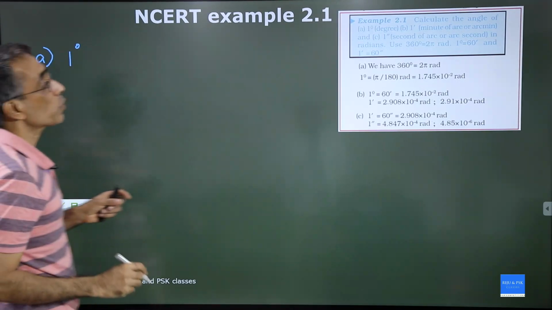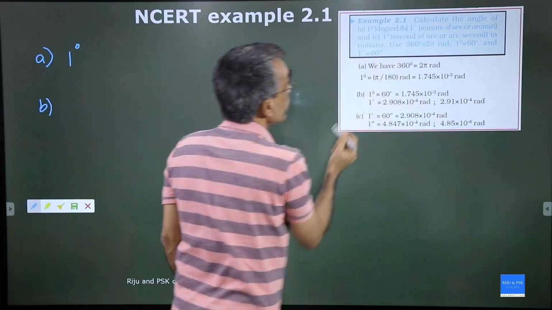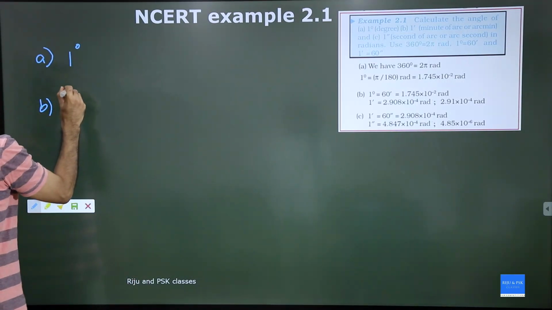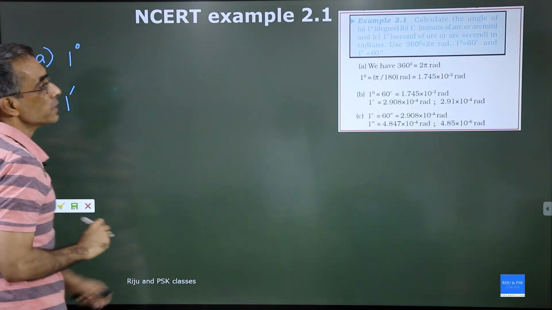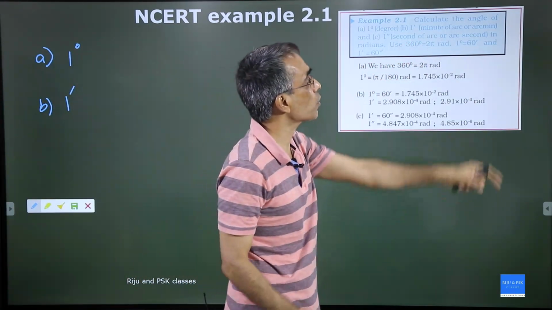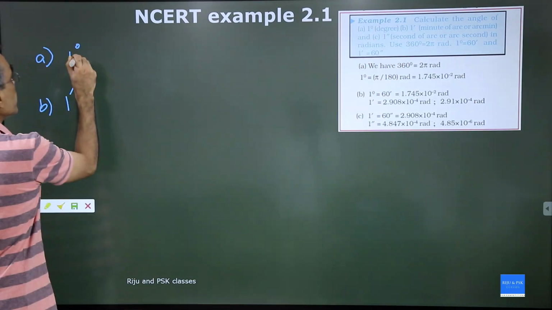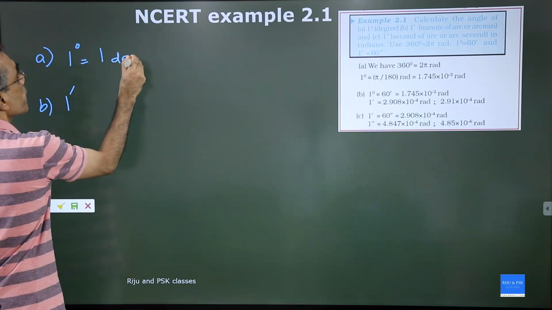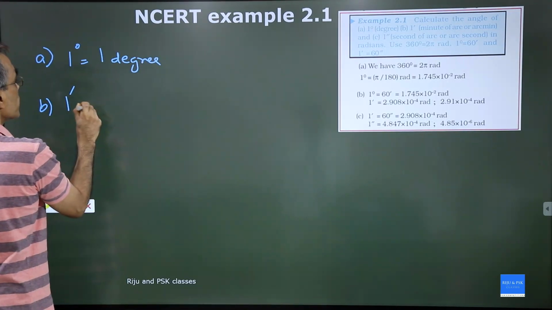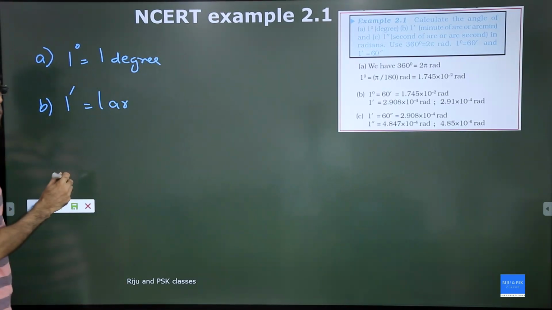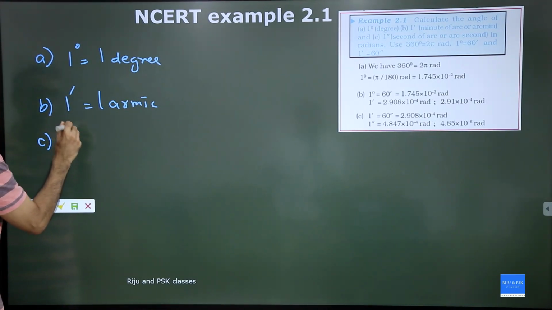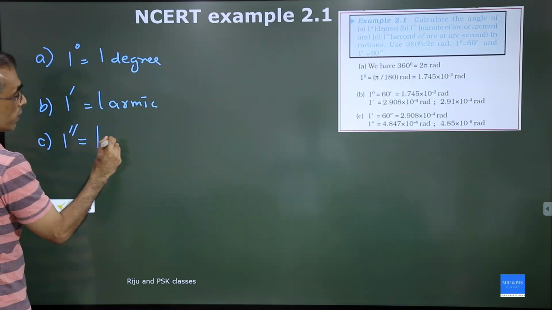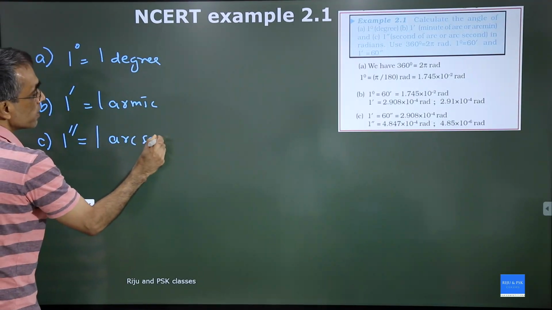B, calculate the angle of 1 dash, which is written in the bracket as minute of arc or arc minute. This we know, this is 1 degree, but this is 1 arc. Tell me, what is this? Arc minute, because it's an angle. Third one, double dash. What is 1 double dash? 1 arc second.